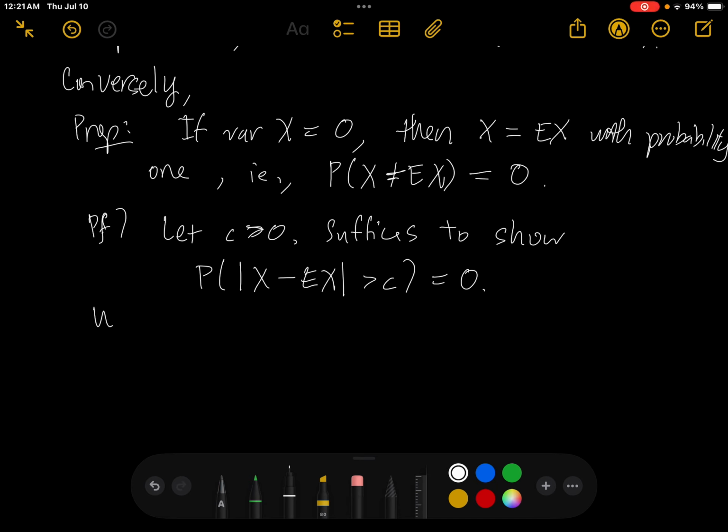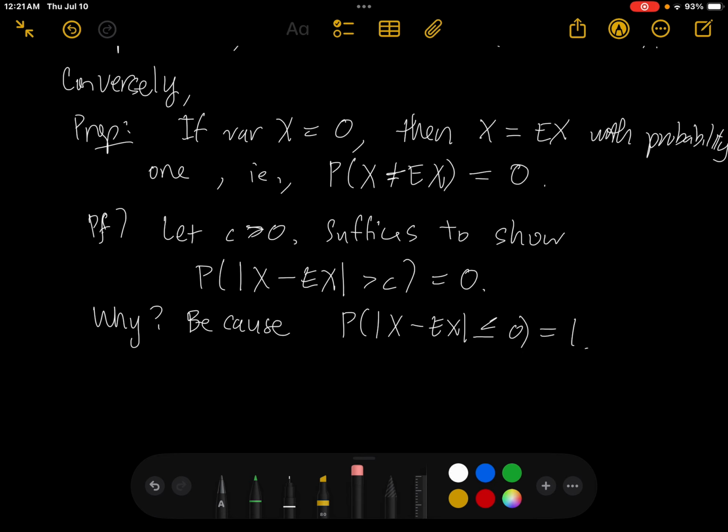Okay, why does it suffice to show that? Suppose that we know the probability of the absolute value of X minus the expectation of X being greater than C is equal to 0 for all C greater than 0.